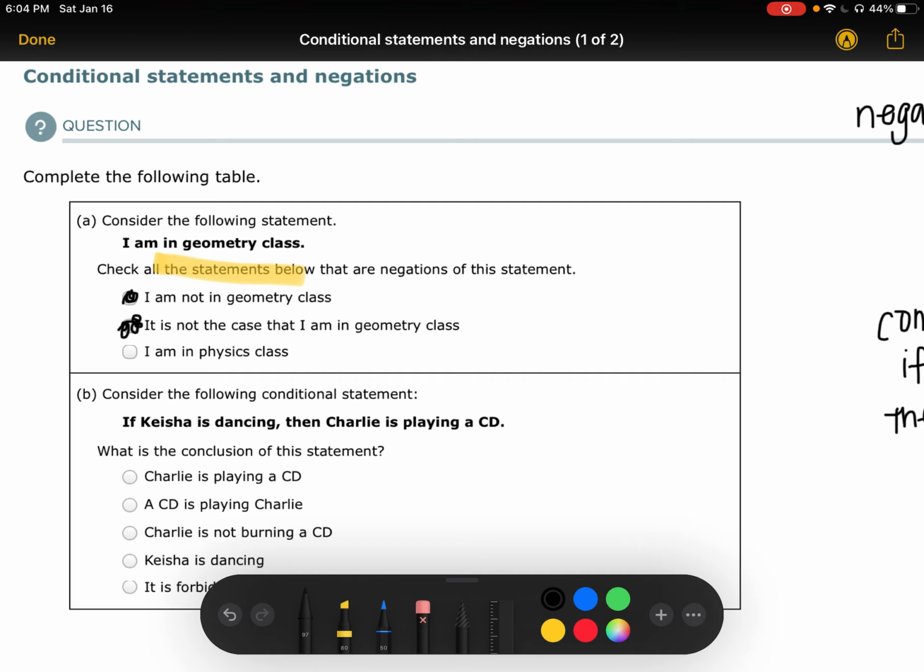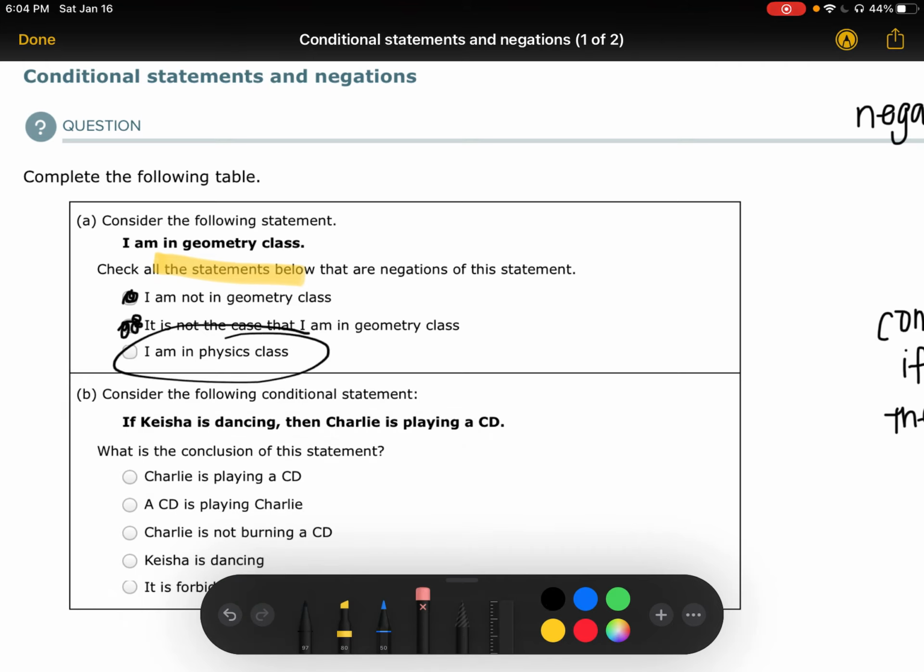Now, if you're thinking about this logically, could you be in physics class? Yes. But that is going in the mindset of the opposite, because the opposite of geometry class isn't English or history or whatever. It is I am not in geometry class. So logically, could this be an answer?